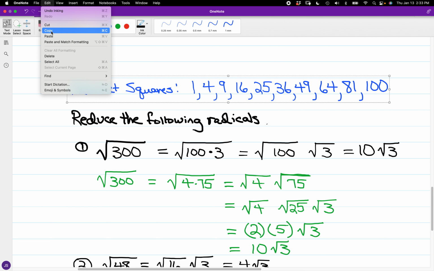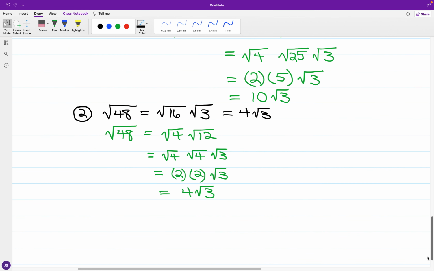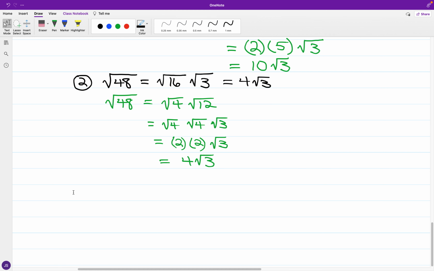this is going to be what is referred to as the square root property of equality.